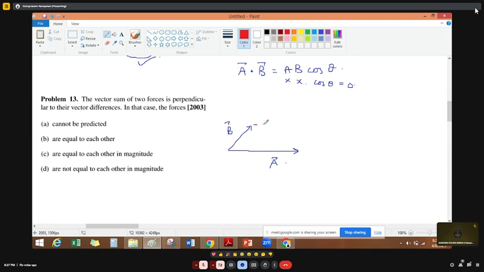So A plus B means it's somewhere here, parallelogram law of vectors. So that means this is A plus B. Sir, I think it is option C. Okay, are equal to each other in magnitude. Yeah, sounds correct to me.